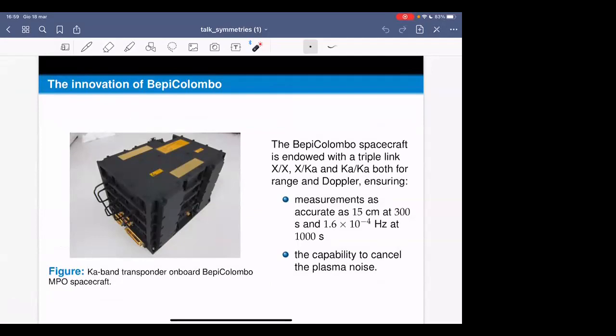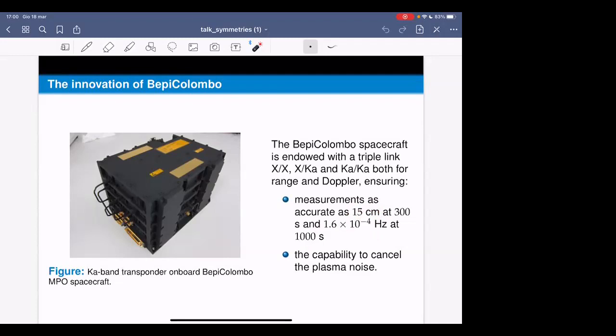It has on board a very important Ka band transponder, which, in a nutshell, allows very accurate measurements of the distance of BepiColombo from the Earth and its radial velocity, with accuracies as small as 15 centimeters at 300 seconds for the range, and 1.6 micron per second at 1,000 seconds of interrogation time, one way, for the velocity.